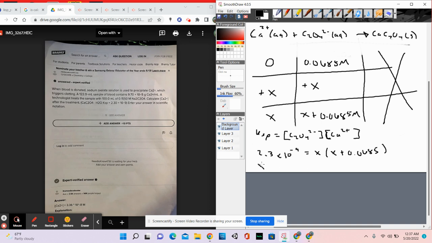So x is equal to the concentration of the calcium, Ca2 plus, and that value is equal to, once you do the math here, 3.36 times 10 to the negative eighth moles per liter. There we go. That is the answer to the problem.